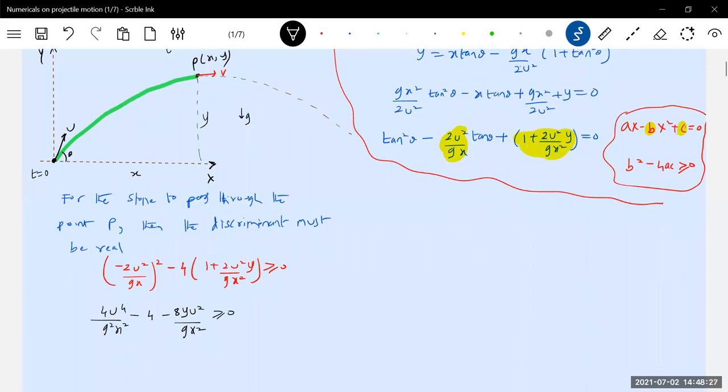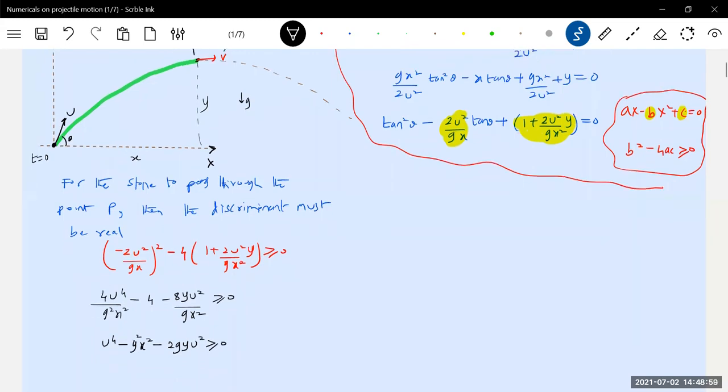I think I can go for one more step. u to the power of 4 minus g square x square minus 2gy u square. I'm just simplifying directly because I don't have place here. Okay, that's this rewriting. Let me write one more step: u to the power of 4 minus 2gy u square minus g square x square.